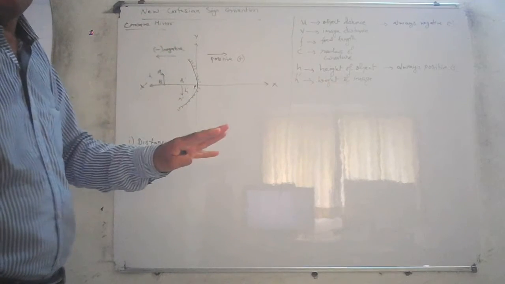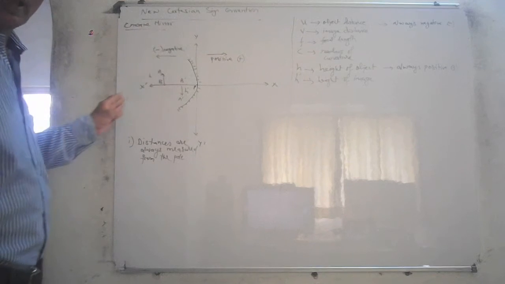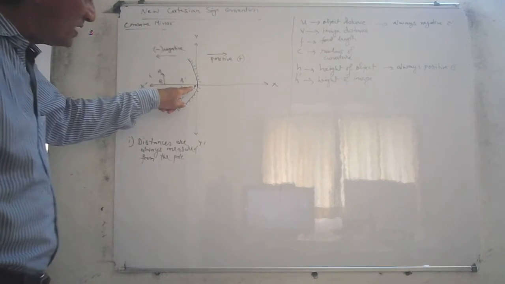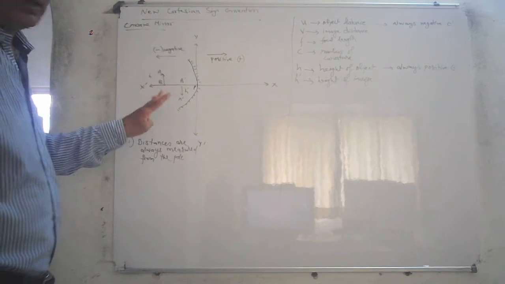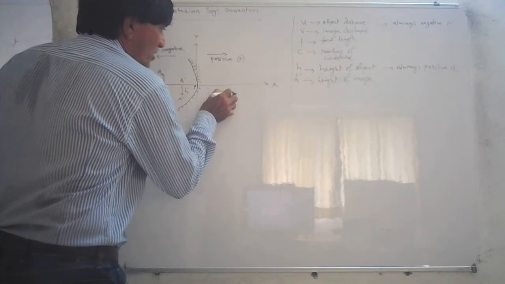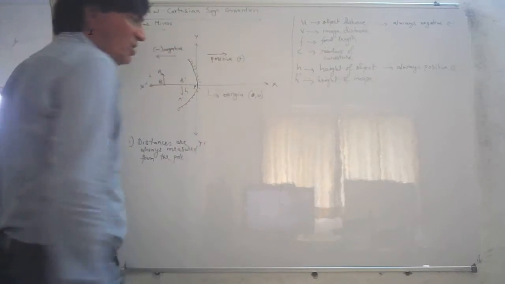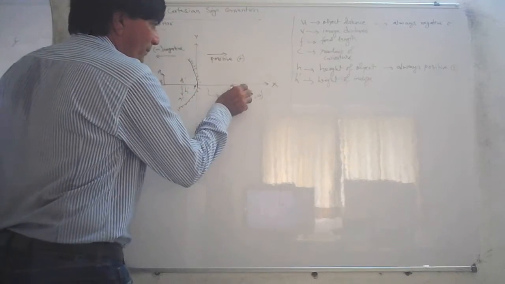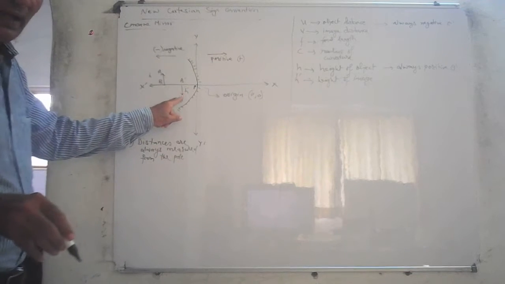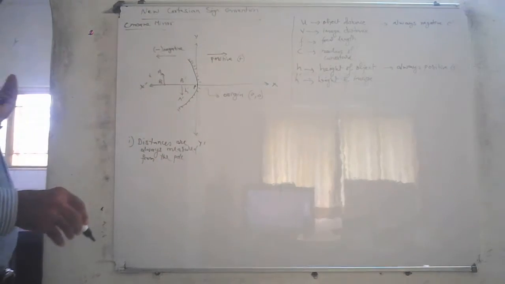That is extremely important. You see, this is the Cartesian axis, x-axis and y-axis. They are called Cartesian axis. P is the point of origin. Origin x and y are both equal to 0, that is 0, 0. So the pole of the mirror is placed at the origin, and distances on this side are negative.